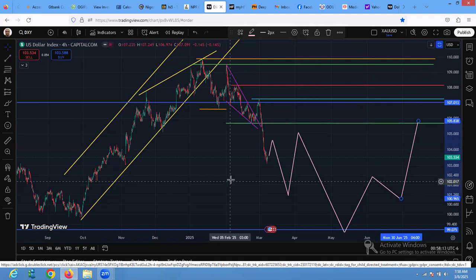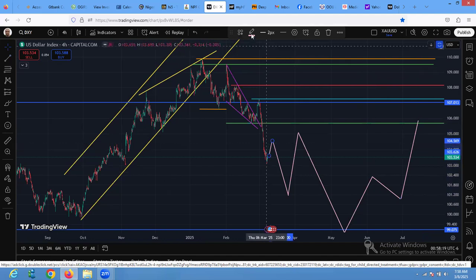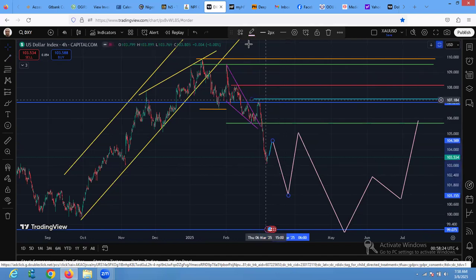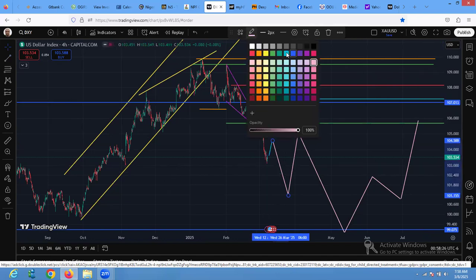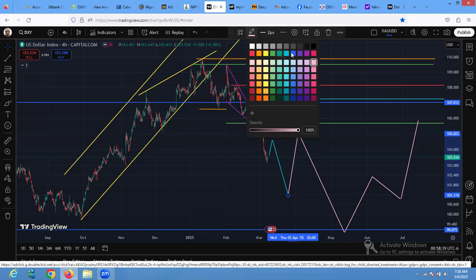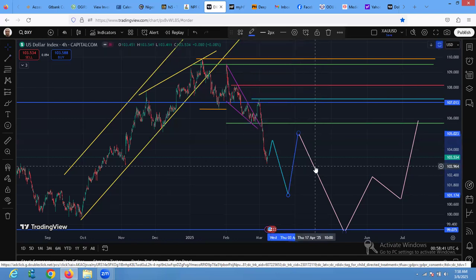So in this immediate cycle, let me use this. The fourth wave, the fifth wave. Then we have a bigger cycle in the blue. Then we'll finish this also in the blue, the bigger cycle in the blue.